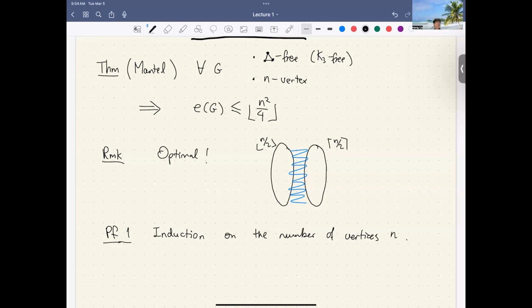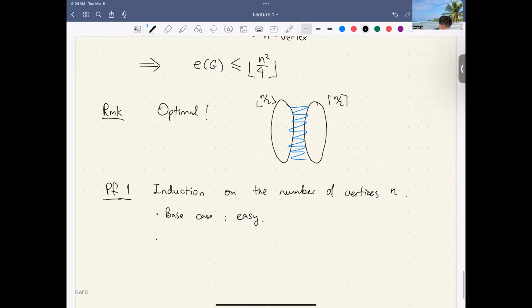Base case, I will leave it as an exercise for you to check. You just check n equal to 1, 2, 3, 4, 5. No triangle, very easy to try all possible subgraphs, verifying the bound. So the base case is easy, trivial. Let's look at the inductive step.